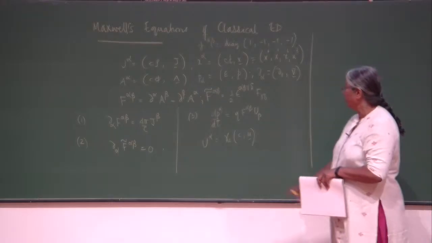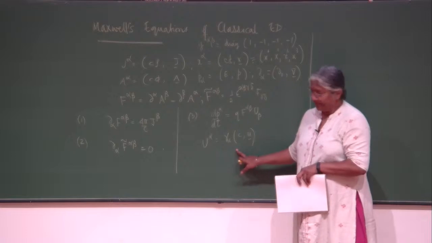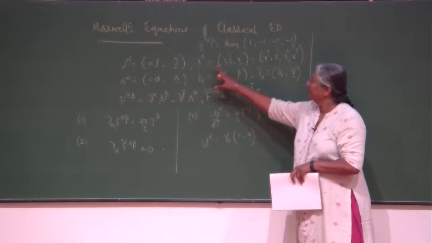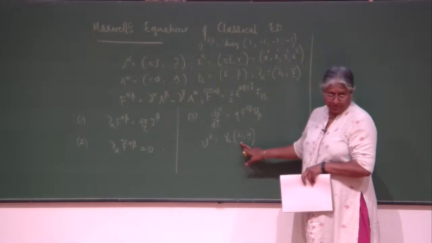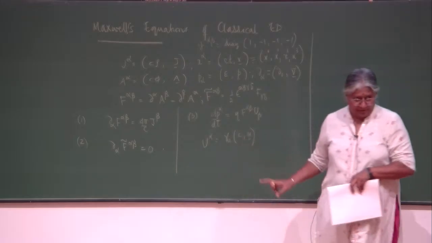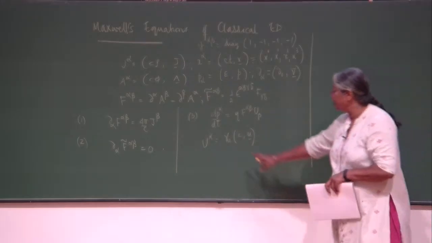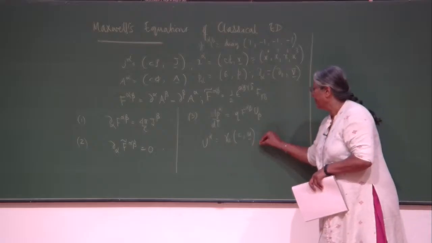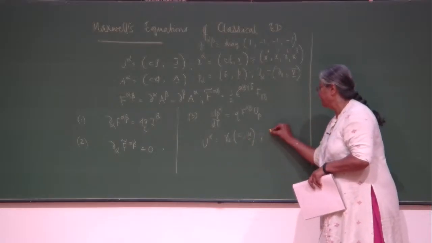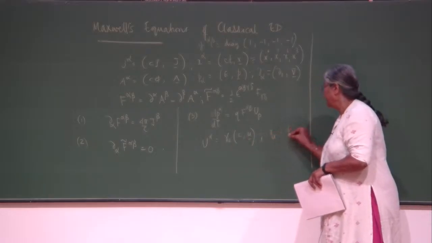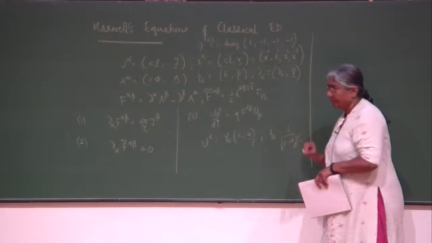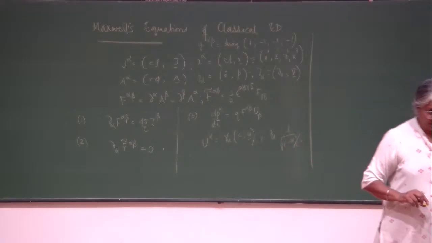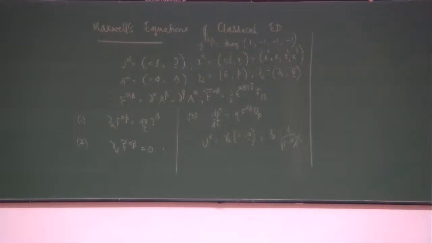And this I had also talked about in the earlier class, that unlike x components which transform as a 4 vector, the components of the 4 velocity, which is c comma u, do not transform as a 4 vector, but gamma u, with gamma given by one over the square root of 1 minus u squared by c squared, where u is the particle velocity instantaneously, transforms as a 4 vector, and u itself doesn't transform as the components of a 4 vector.